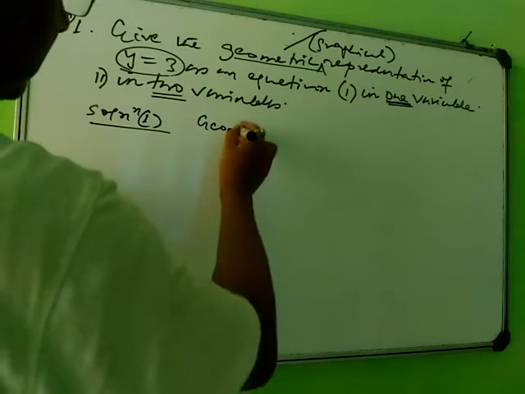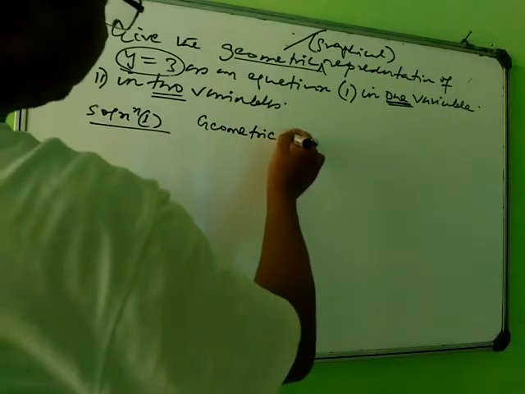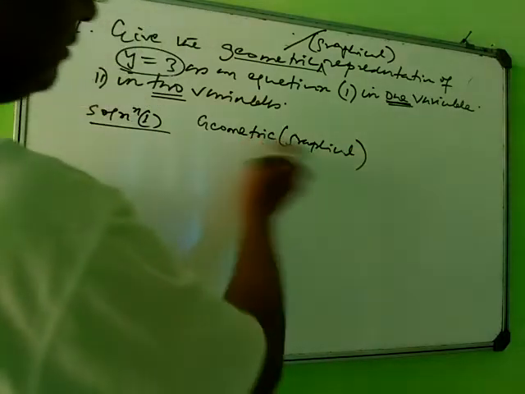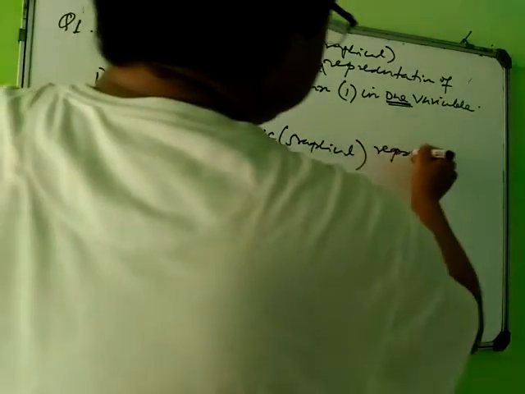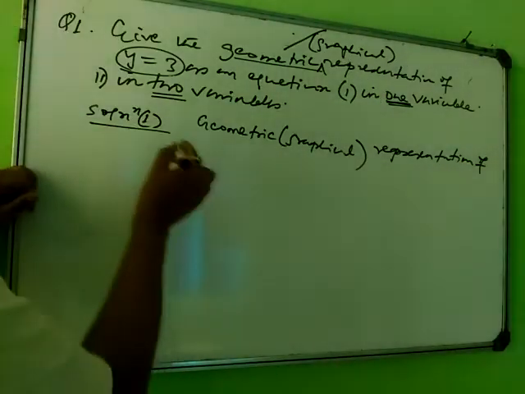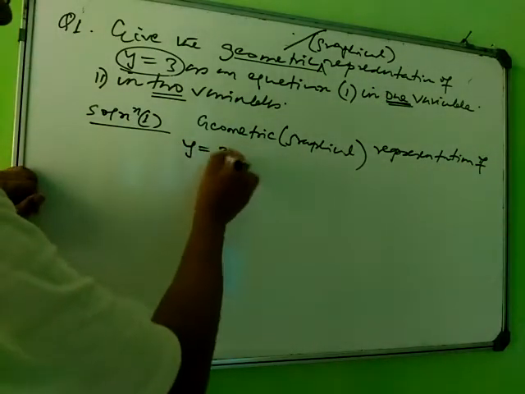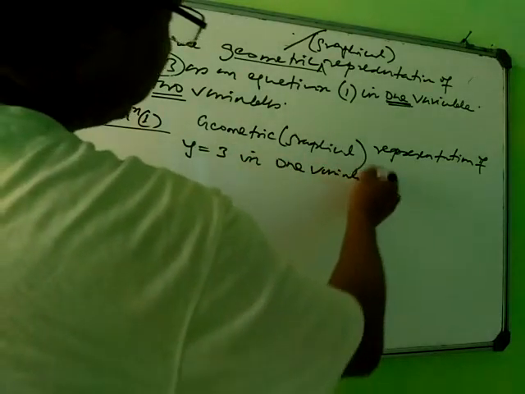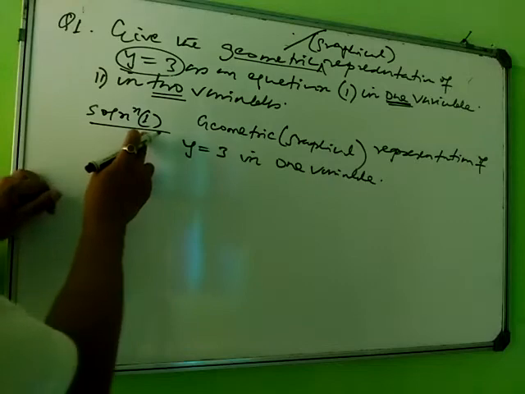Geometric or graphical representation of y equals 3 in one variable. So this is 1.